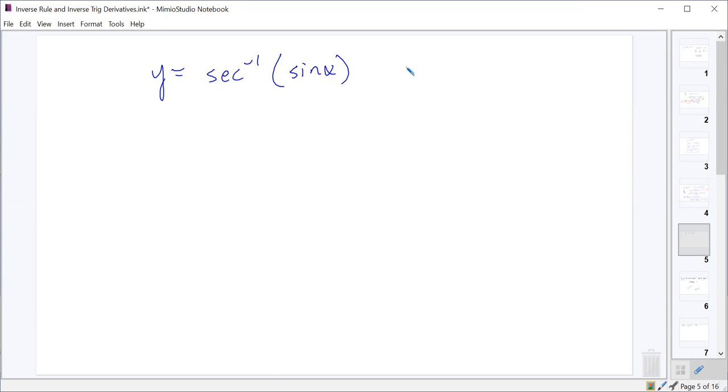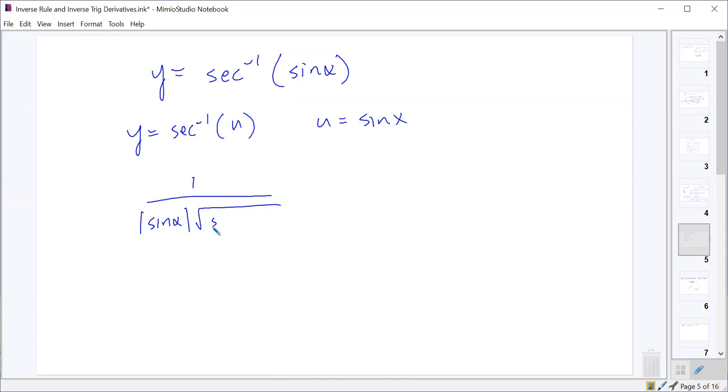So to take the derivative of this, this is the chain rule. It's a function sine x or u within another function, inverse secant x. So inverse secant of u with u equal to sine x. The derivative of inverse secant of u ought to be 1 over the absolute value of u times the square root of u squared minus 1.